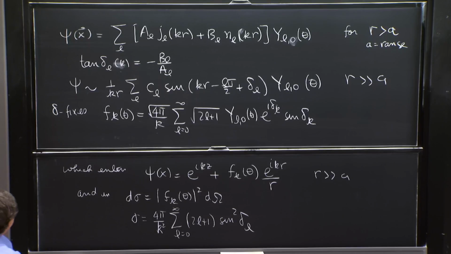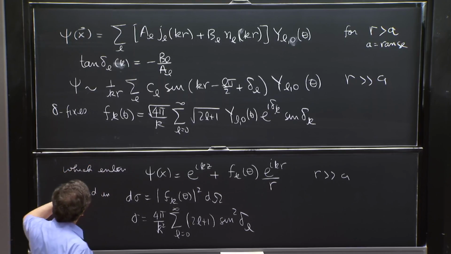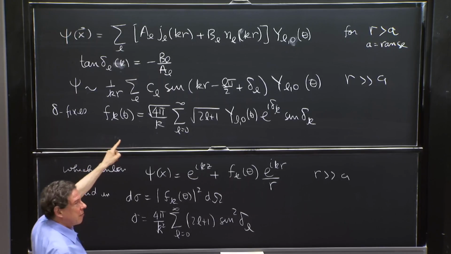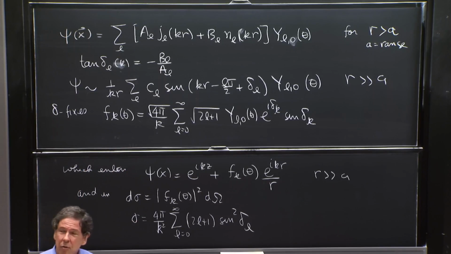with spherical waves. And the result is that the way we introduced the phase shifts, the tangent of the phase shift is determined by the ratio of these two coefficients, B_l over A_l. So there's a phase shift for every value of l beginning from l equals 0.